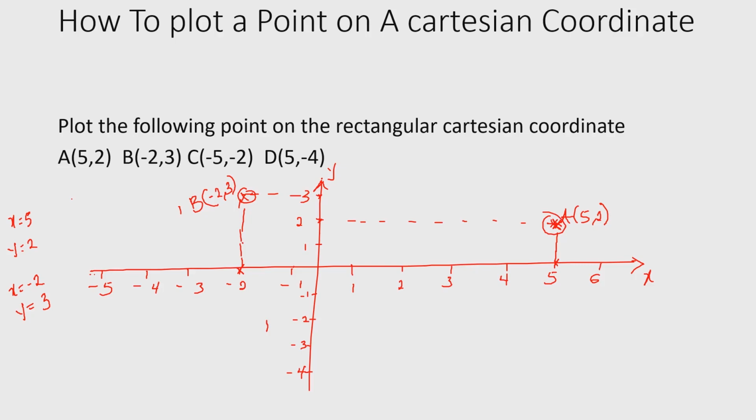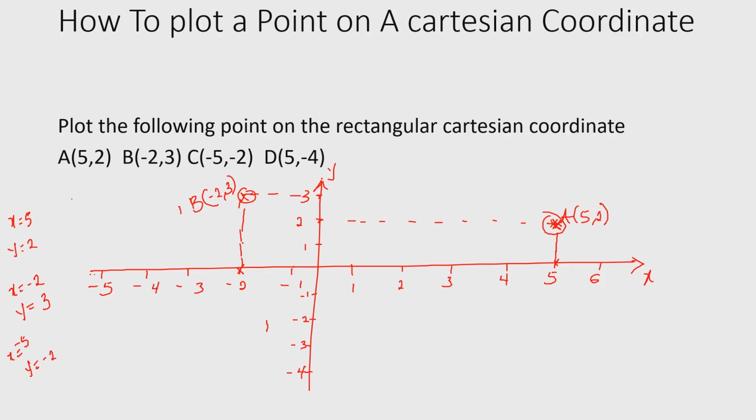So the next thing to do is let's locate point C. Point C says minus 5, minus 2. So now minus 5, so my x is equal to minus 5 and my y is equal to minus 2. So this is the x-axis, right? The horizontal line is the x-axis while the vertical line is the y-axis.